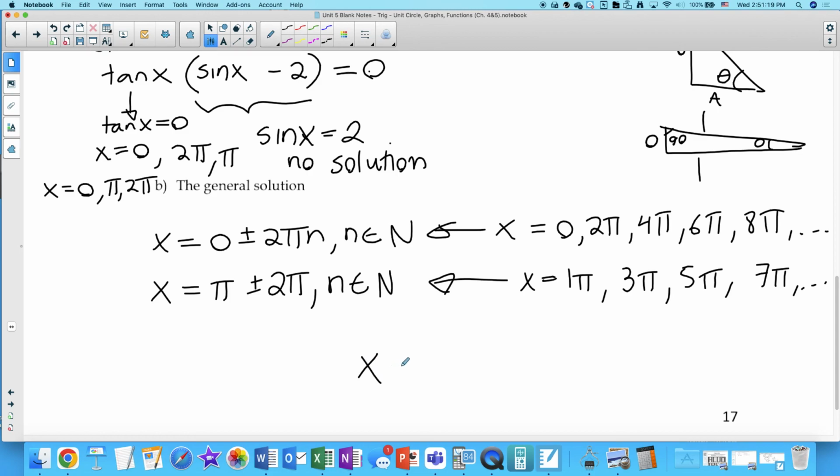N means that you're adding multiples of pi. N has to be an integer, so you can't add half a pi. That's not going to work. You have to add full multiples of pi. Okay? Now the reason why I bring this up is that if this was a multiple choice question, this would be the answer. It would be combined into one.